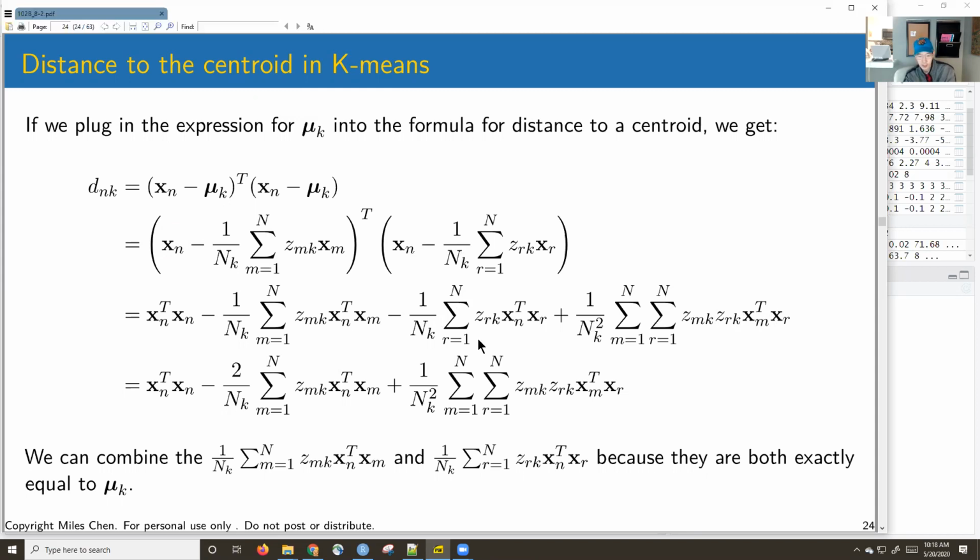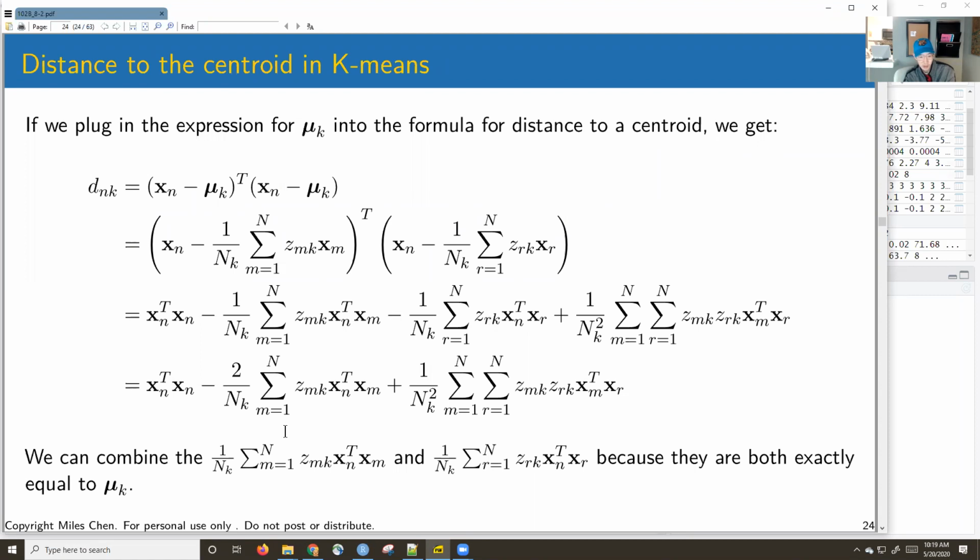Okay, if I look closely, I can combine these two together.